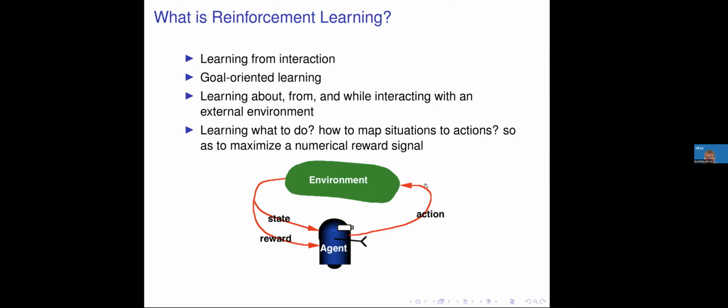The agent takes an action, then the environment responds to this action by transitioning to the next state, and also gives the reward to the agent. Then the agent enters a new state, and at that new state, the agent decides what action to take. Once the agent takes action, the environment repeats the response by providing the new state and the new reward.